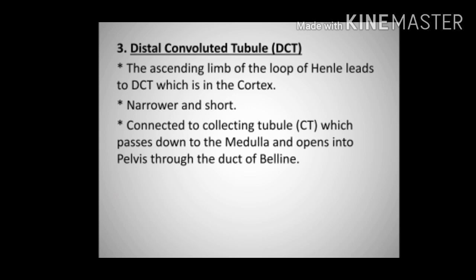So the DCT, distal convoluted tubule, is having the name as it is away from the Malpighian corpuscle and it is twisted small tube-like structure. Hence the name distal convoluted tubule. The ascending limb of the loop of Henle leads to the DCT, which is in the cortex. It is narrower and short. It is connected to collecting tubule, which passes down to the medulla and opens into pelvis through the duct of Bellini.